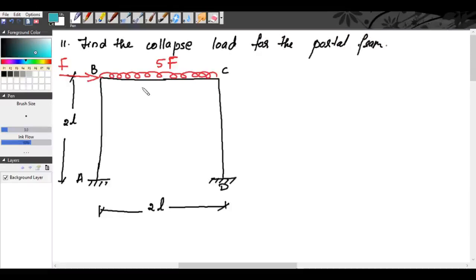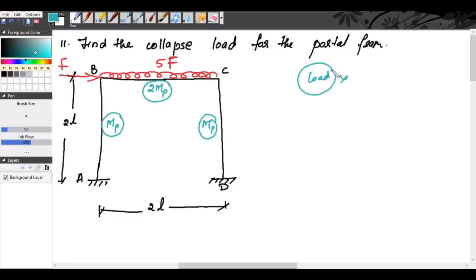Also, the plastic moment is given as 2 mp for the beam BC and mp for the columns BA and CD. Now, if such problems are given, you have to remember one thing. This 5F is the total load. When you take the external work done, if it is a UDL, you have to consider the load into the area under the load.